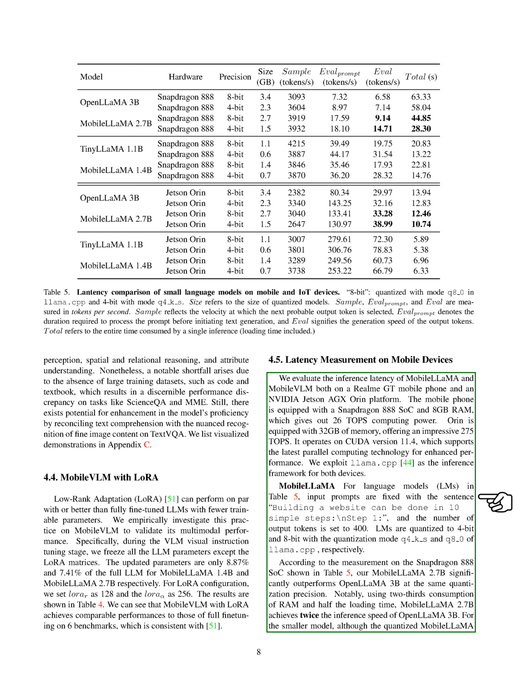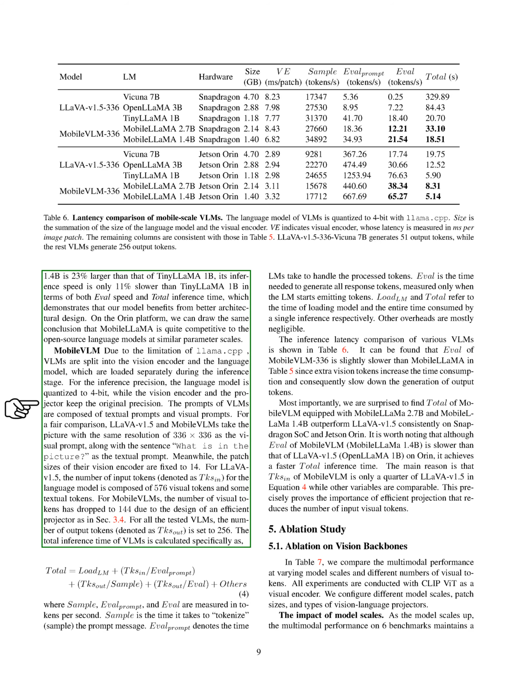Notably, MobileVLM 2.7B achieves twice the inference speed of OpenLLaMA 3B, while using 2/3 of the RAM and half the loading time. For the smaller model, although the quantized MobileVLM 1.4B is 23% larger than TinyLLaMA 1B, its inference speed is only 11% slower, showing the benefits of our model's better architectural design.